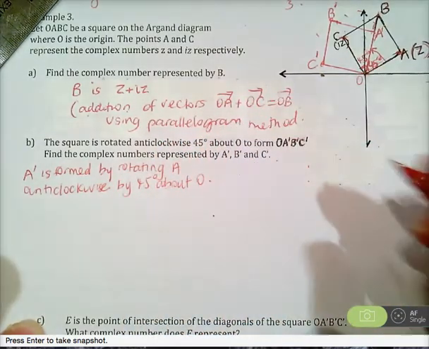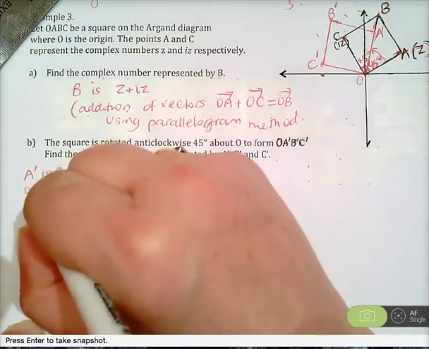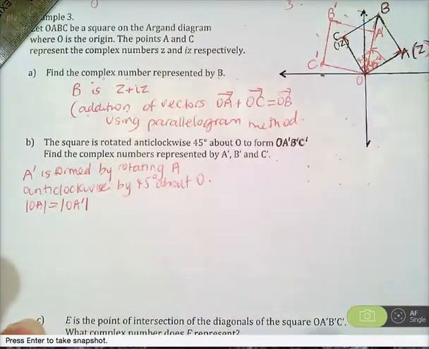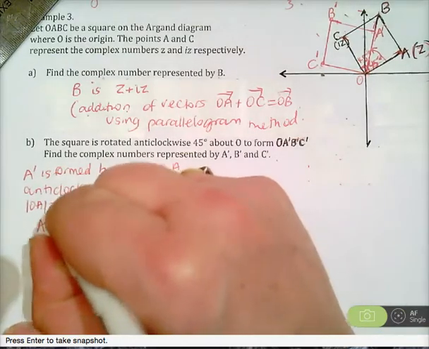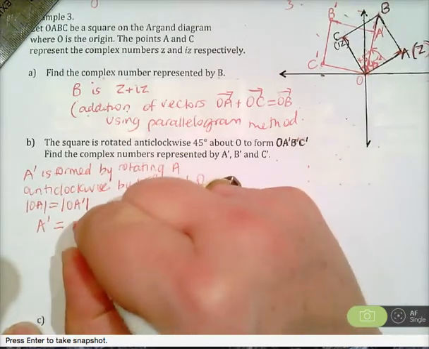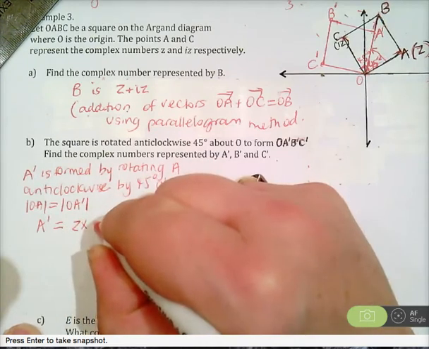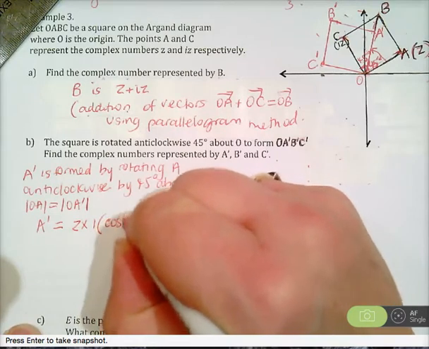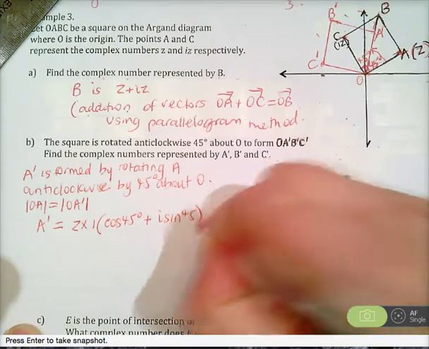The modulus of OA is equal to the modulus of OA', so the length is the same, therefore A' is equal to Z times 1 cis 45 degrees, which is cos 45 degrees plus i sin 45 degrees.